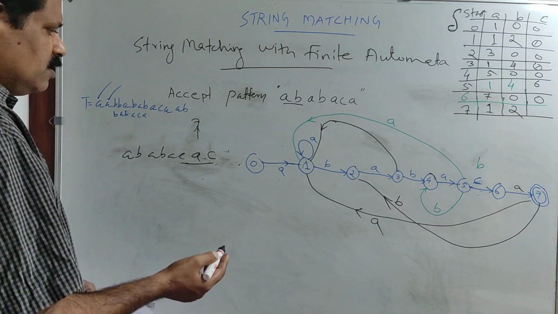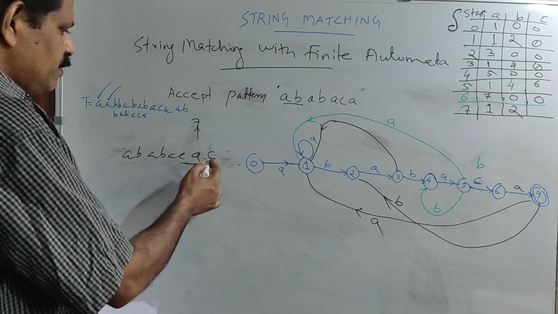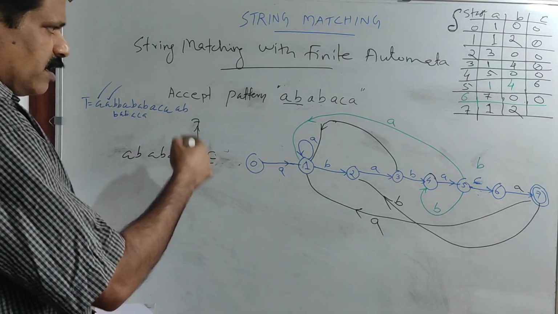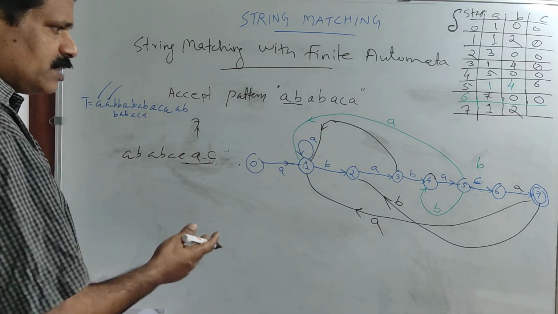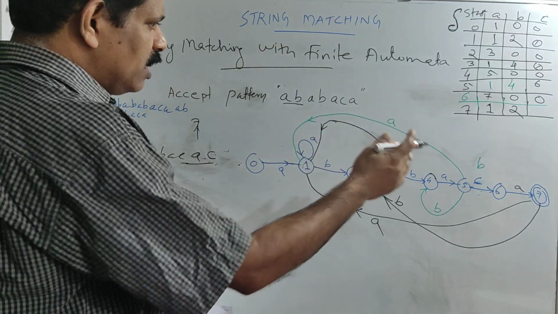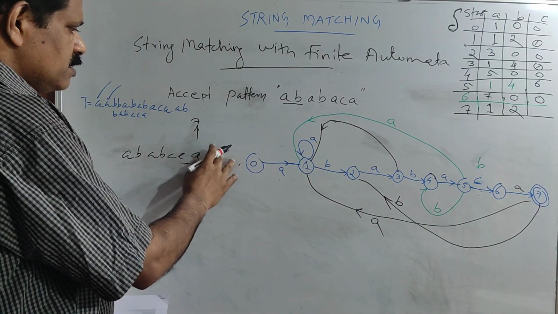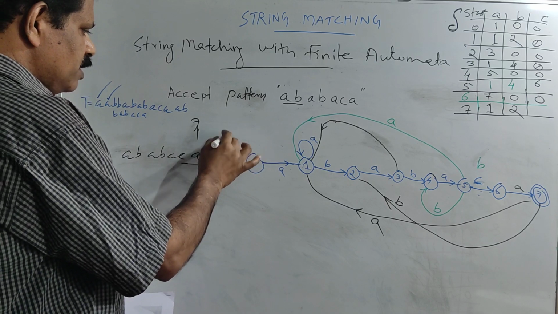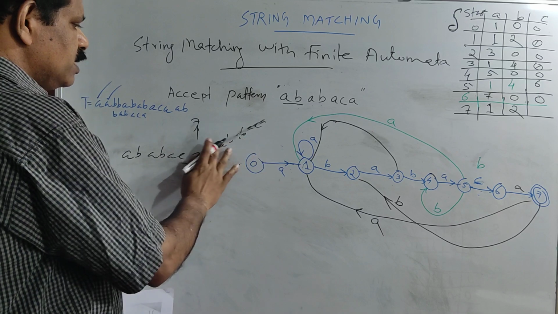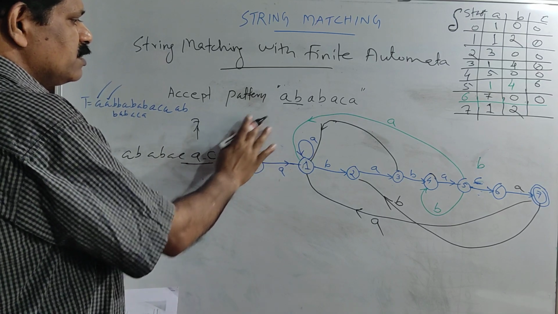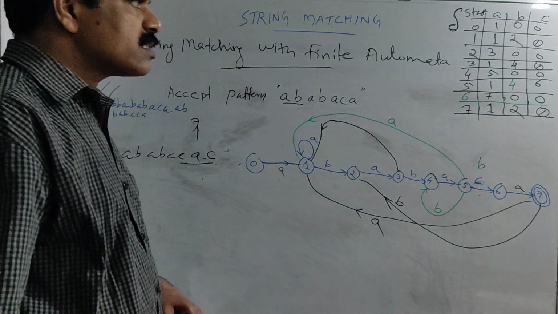So you always check while clubbing with the previous characters whether you can get the beginning of the pattern. It is not possible here, so you have to start from the initial state. Discard the C and check for the next ABABACA occurrence. So move back to the initial state.